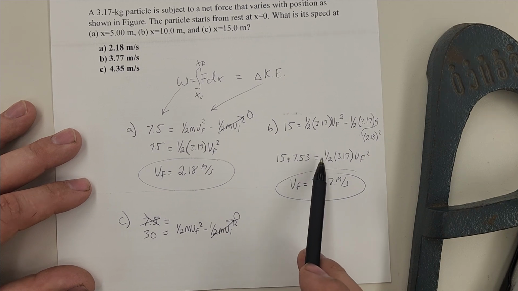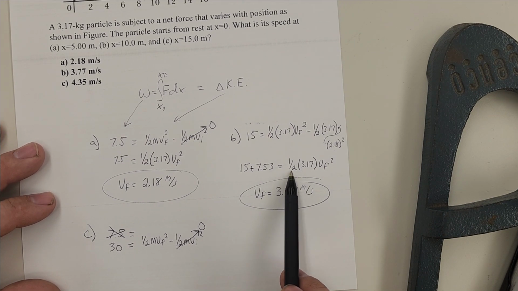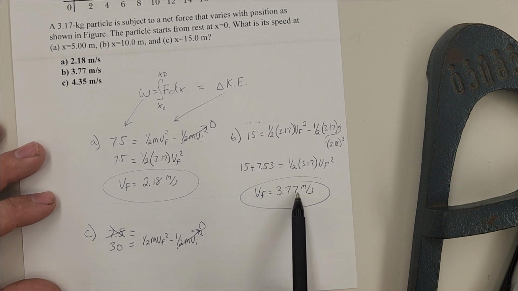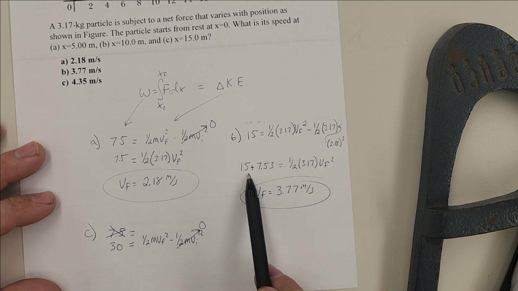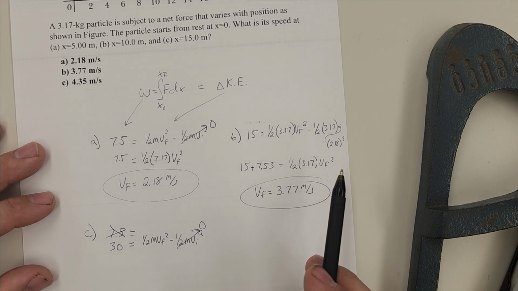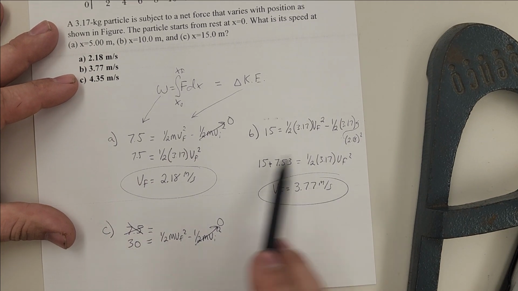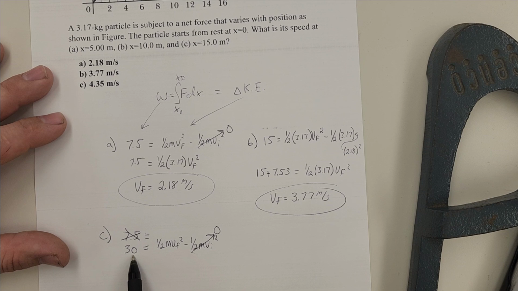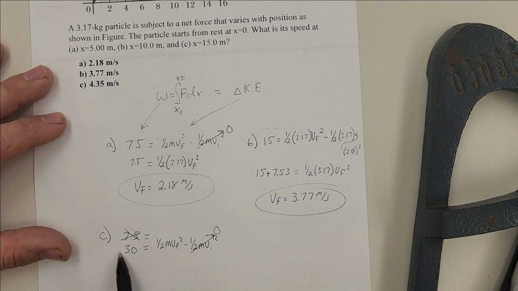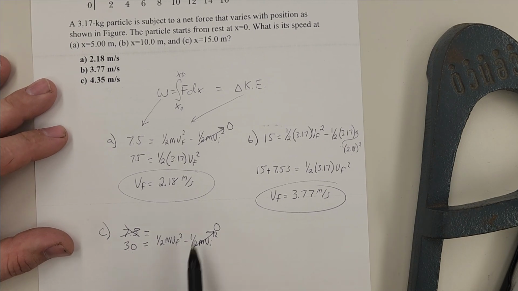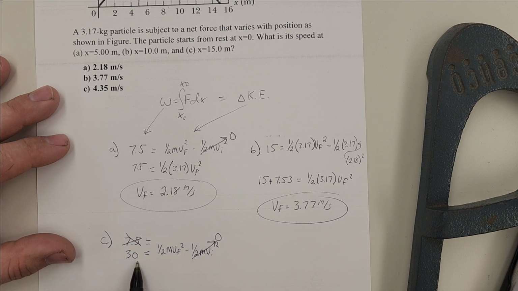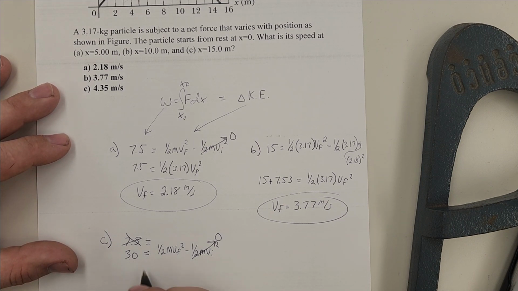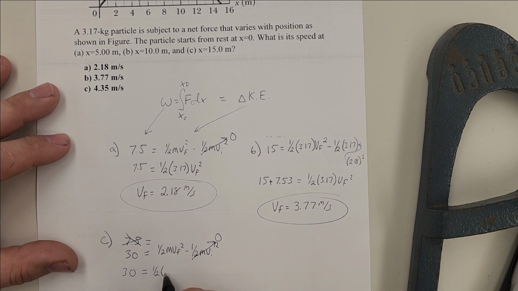If you did it the other way, you'd have 1/2 of 3.77 squared, and then you would add it to the other side. It's the same principle. Here, we've taken care of that one little extra step of adding it over by starting at the 0 location. Continuing on, we'd have 30 is equal to 1/2, and the mass is 3.17.